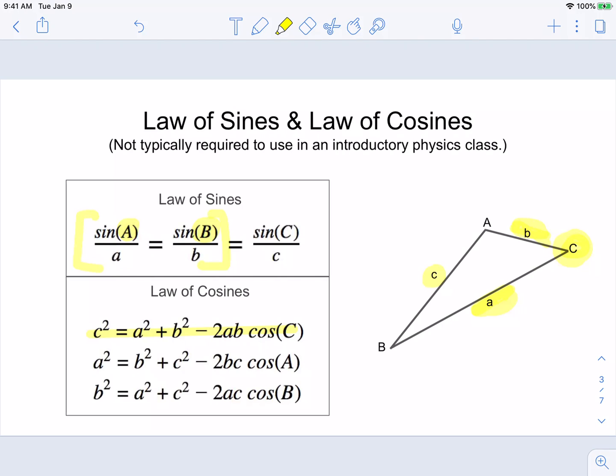I could also use the law of cosines if I knew the three sides of the triangle and I was looking for one of the angles.